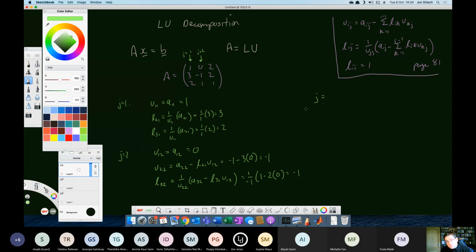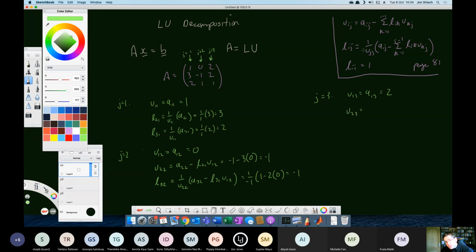J equals 3 is our third and final column. These are all going to be upper triangular elements, so these are all going to be used. So U13 is equal to A13, which is 2.